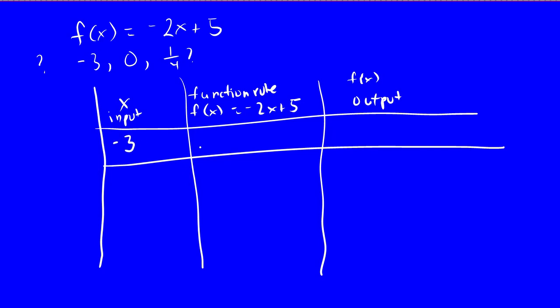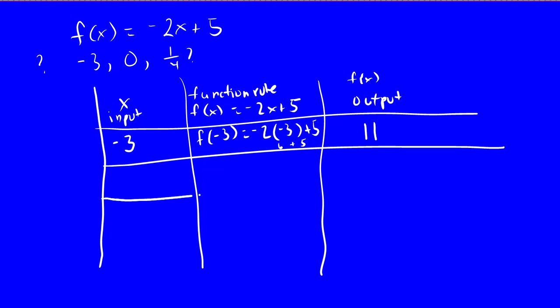So let's use function notation. F of negative 3 equal negative 2 times negative 3 plus 5. So negative 2 times negative 3 is positive 6 plus 5. So our output is 11.